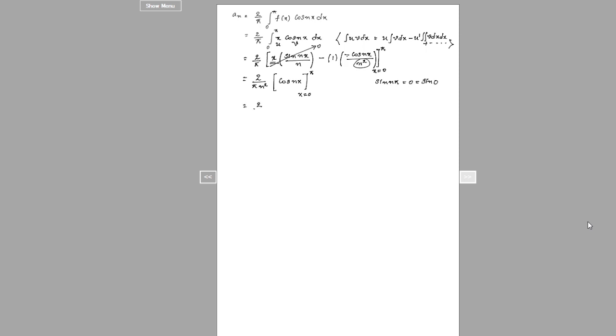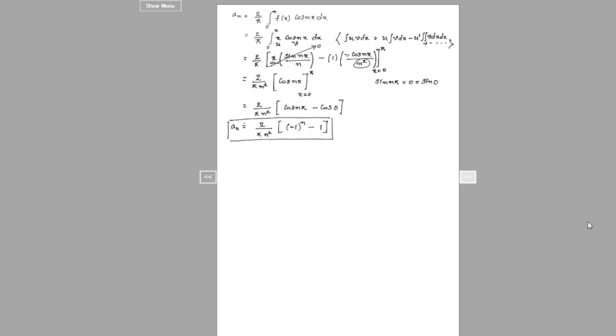Now substitute the limits: 2 by pi n square, cos n pi minus cos 0. Cos n pi is minus 1 power n, and cos 0 is 1. So this is a n.